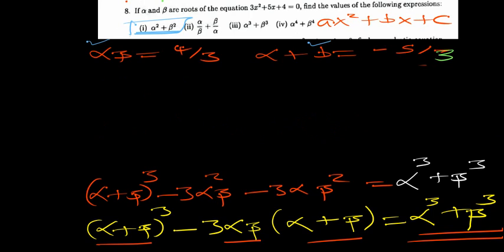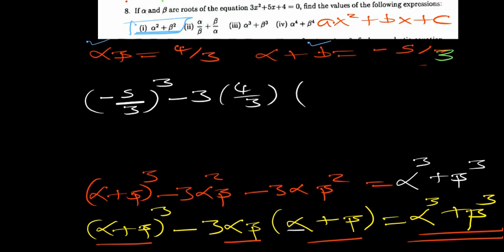Okay? How do you do that now? Just substitute. So alpha beta, the value there is negative 5 over 3, the power 3, minus 3 alpha beta, which is the product, 4 over 3, and then in the brackets we have alpha plus beta, which is again negative 5 over 3.